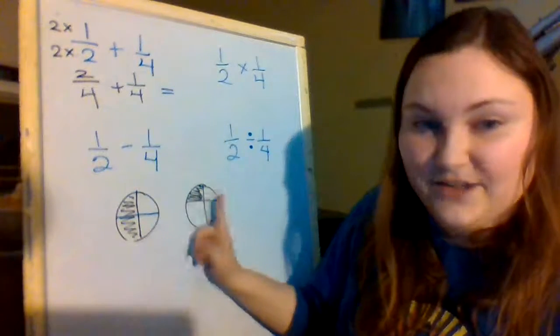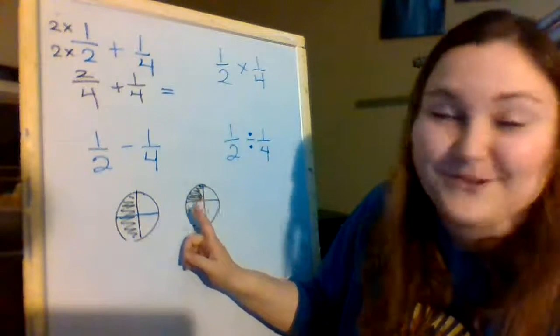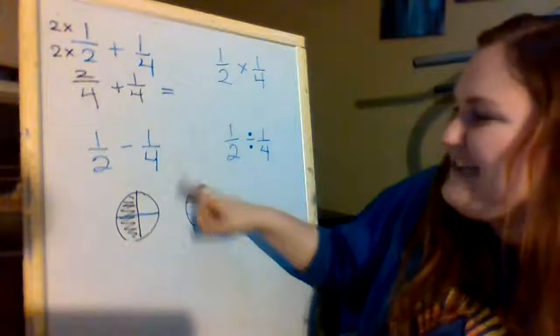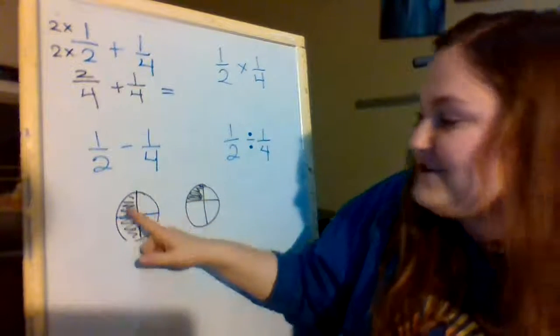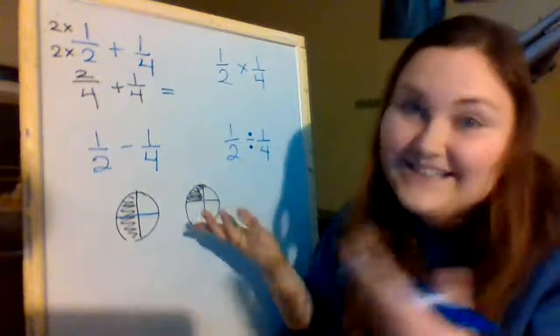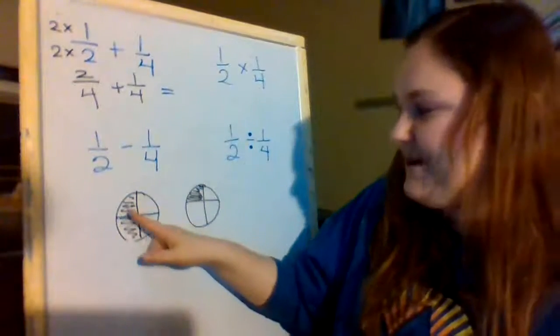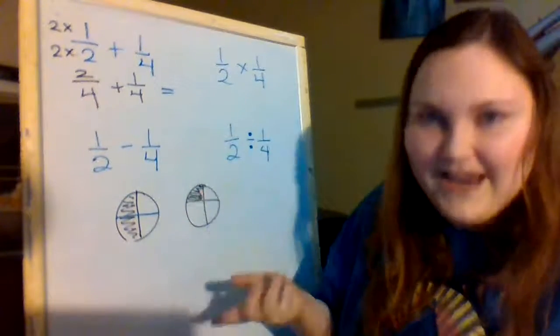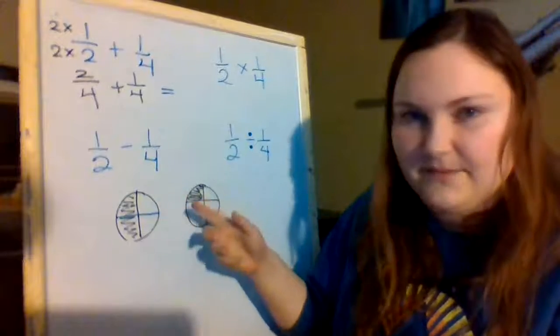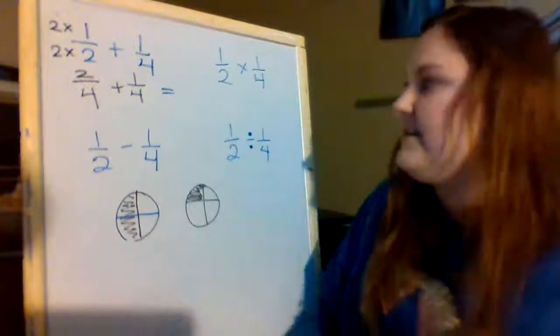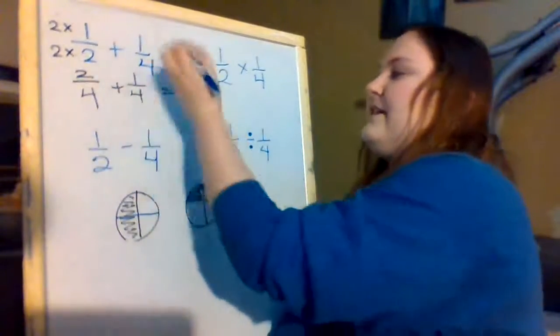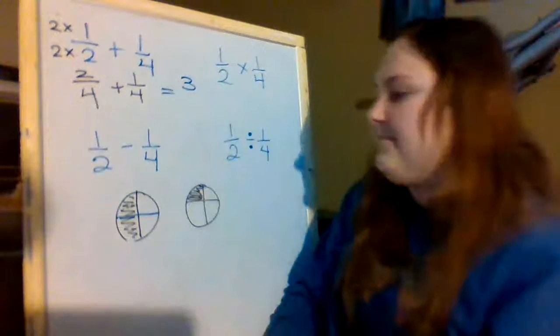If you're looking down here at the picture, I asked you how many total slices of pizza this is. It's 1, 2, 3. I can add them together now because they're all the same size slice of pizza. So we could go ahead and say 2 plus 1 is 3.